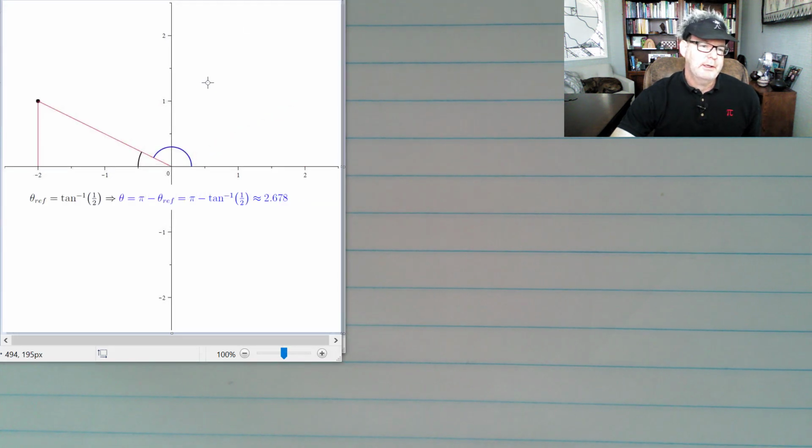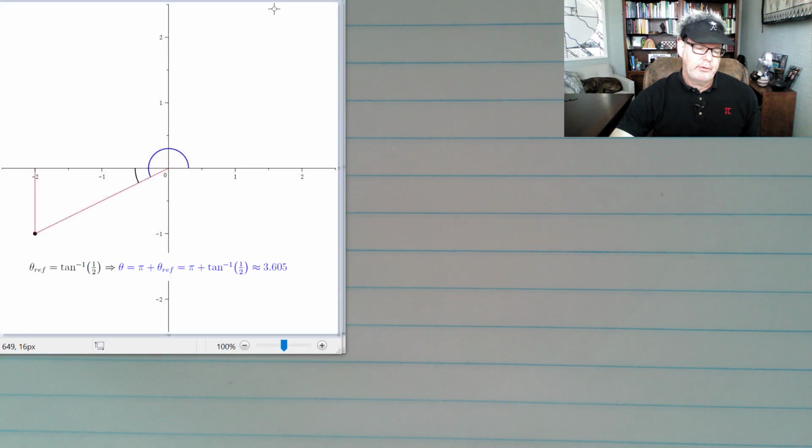But if I look in quadrant 2, opposite over adjacent is still 1/2, so the reference angle would be the same, arctan of 1/2. But now if we're in quadrant 2, the true angle is pi minus that reference angle. And so in radians, there's that value.